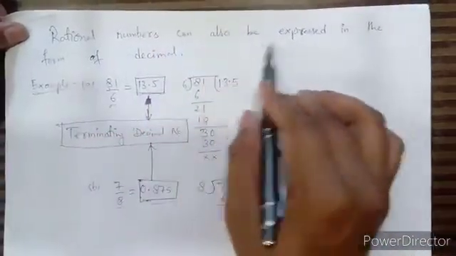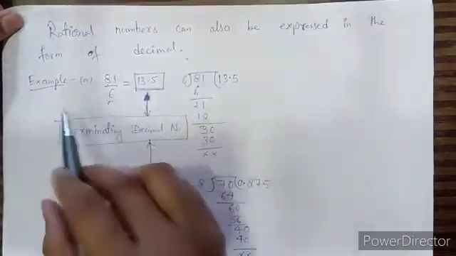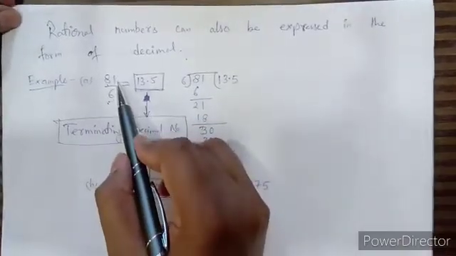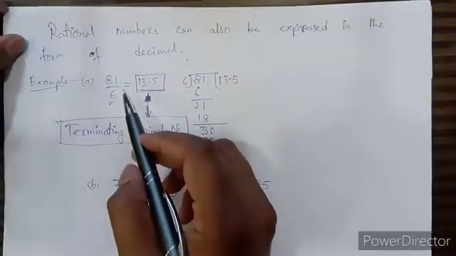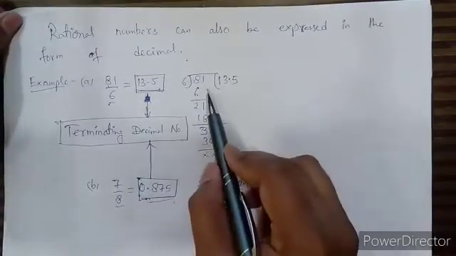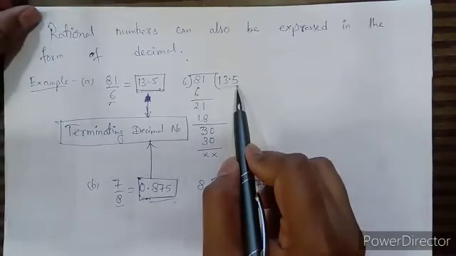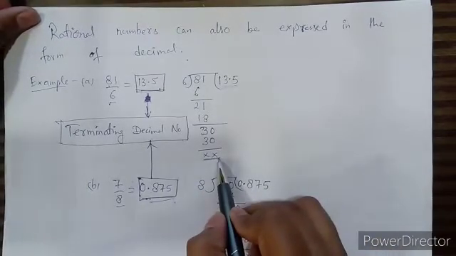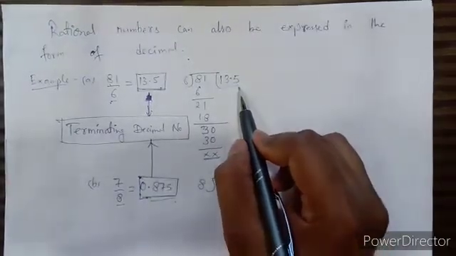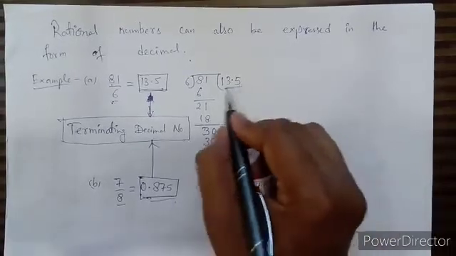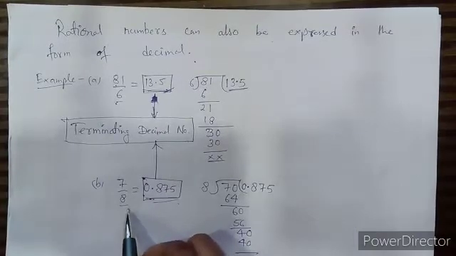Rational numbers can also be expressed in decimal form. For example, take 81 by 6. After dividing 81 by 6, the remainder is 0 and the quotient is 13.5. Again, take another example, 7 by 8.